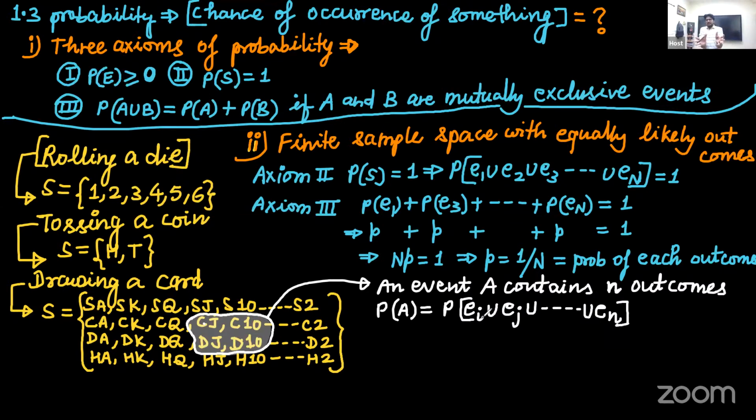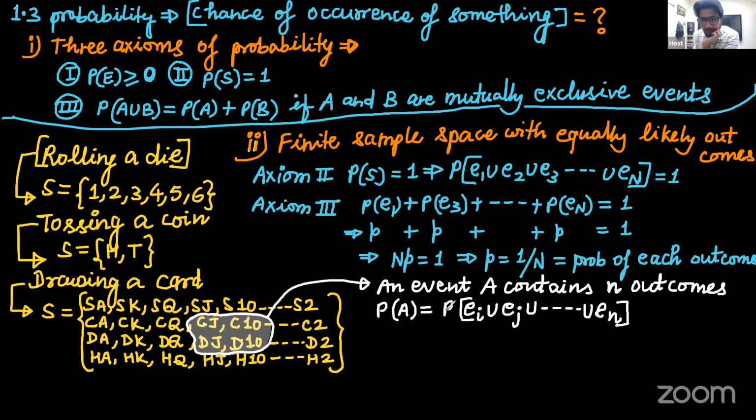So an event is nothing but a union of some elements that we are interested in. We are interested in only jack of club, 10 of club, jack of diamonds, and 10 of diamonds. Understand this very carefully, because all this is going to become very interesting now.